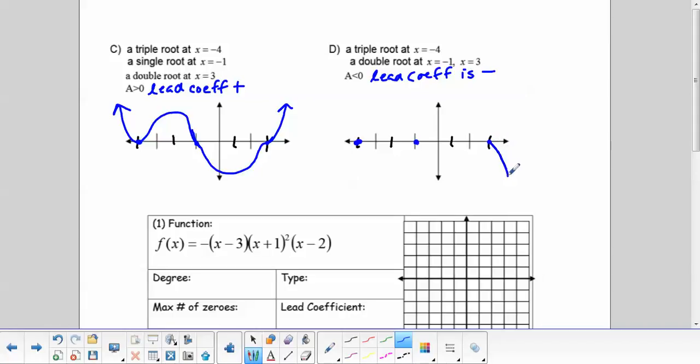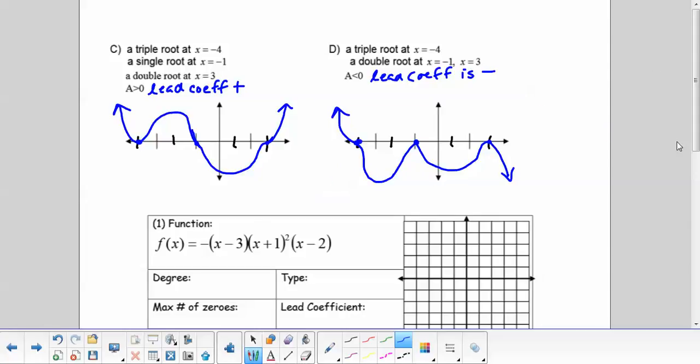So right side down, and then this is a double root. The double root is bouncing. And we also have a double root at -1, which bounces. And then when we get to the -4, we need to go through with a wiggle. So let's see. Something like that.